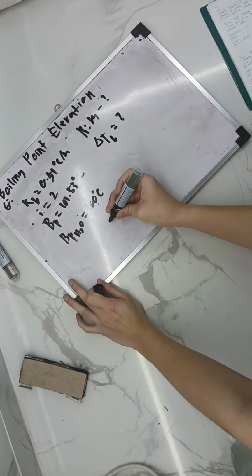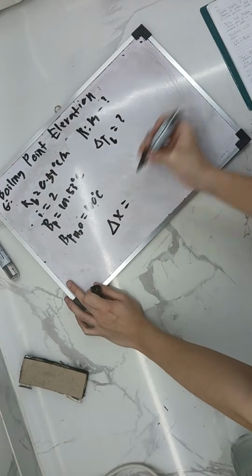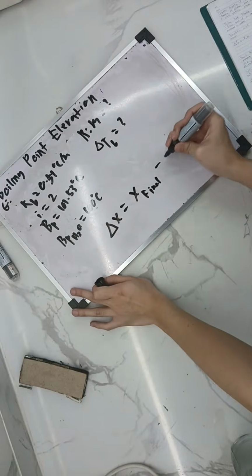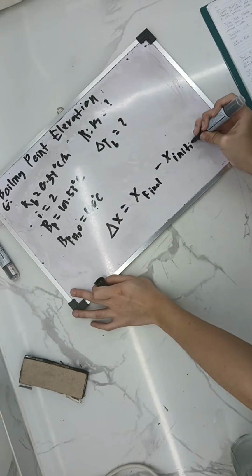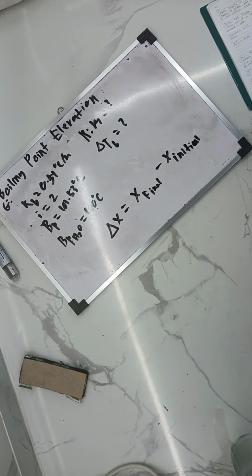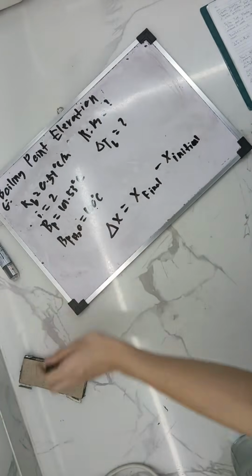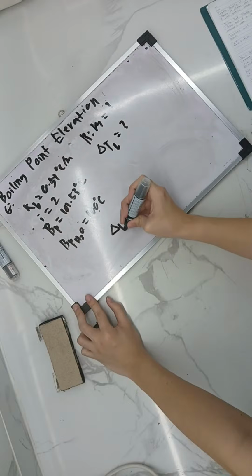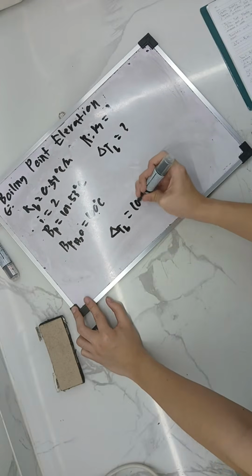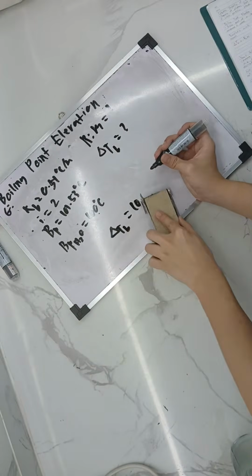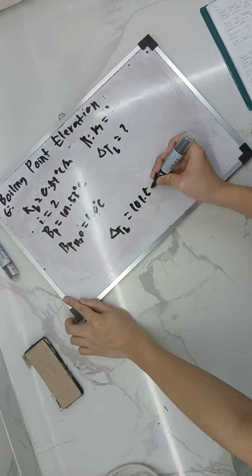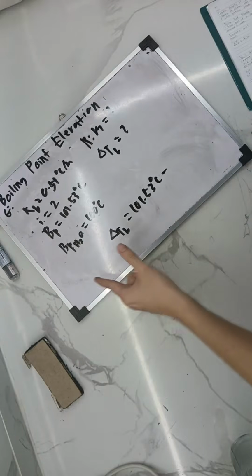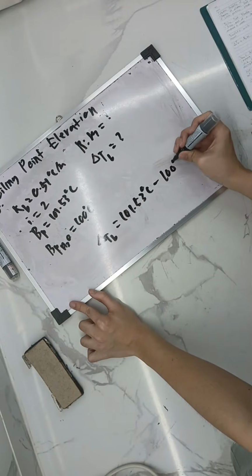If you have delta x, this is equal to x final, the final result of the variable, minus the initial. In this context, the final value would be our boiling point. So our change, or our boiling point elevation, is equal to the boiling point of the new solution, which is 101.53 degrees Celsius, minus the initial value, which is the boiling point of water, 100 degrees Celsius.